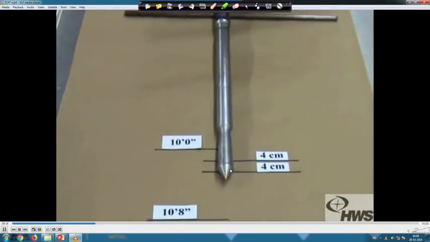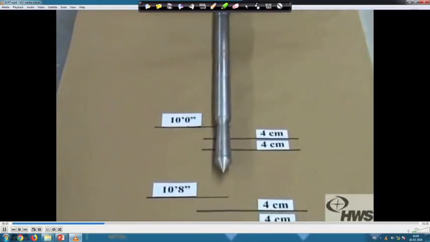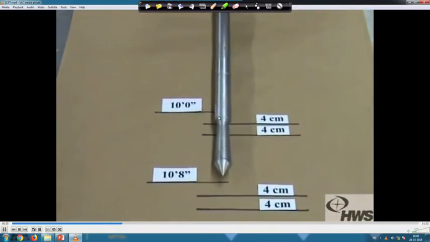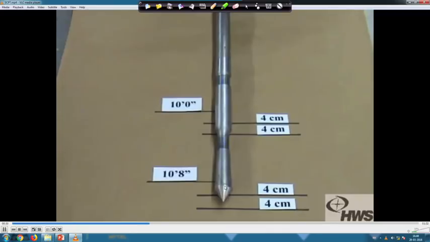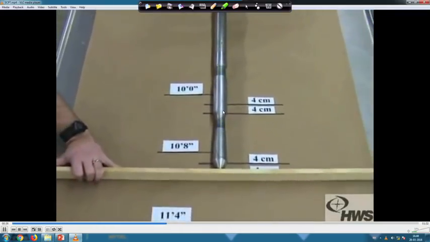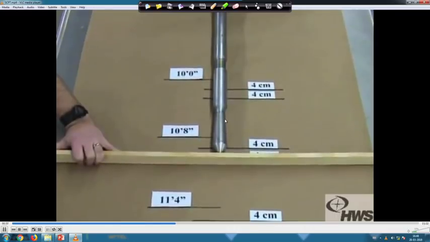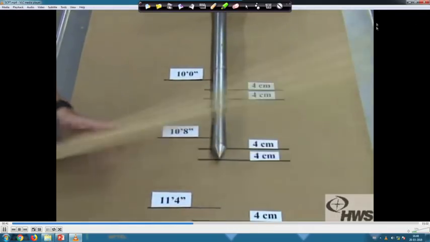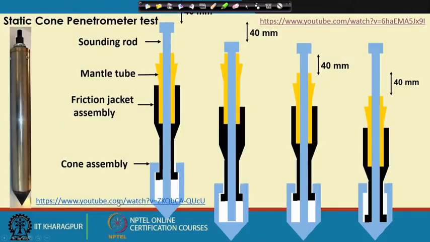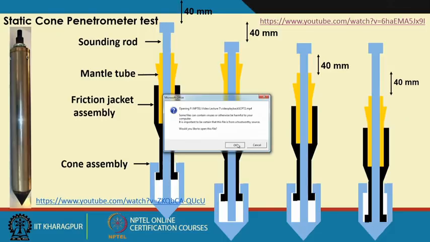Then we go to the next depth where we want to take the data. So, first 40 millimeters for the cone resistance, then the next 40 millimeters for the total resistance, then we bring the total system again to its original position. This way it continues, and we can do the same thing in the field.